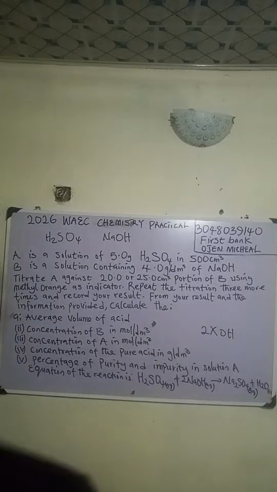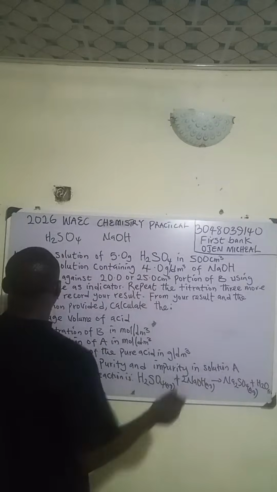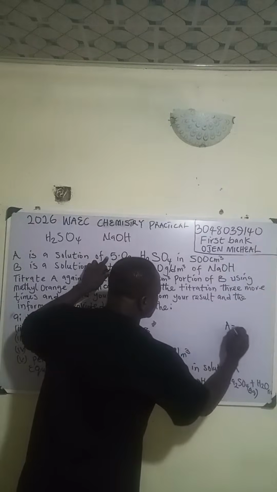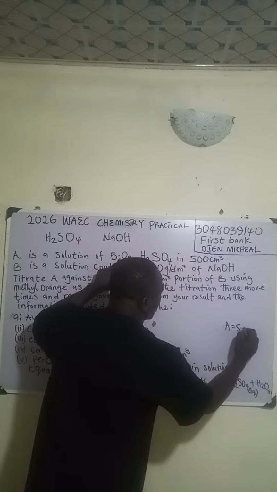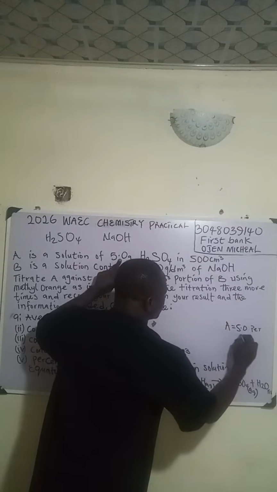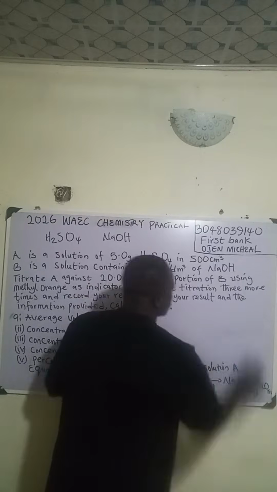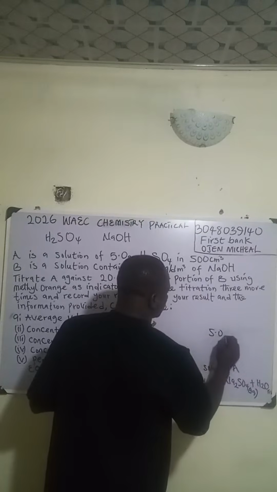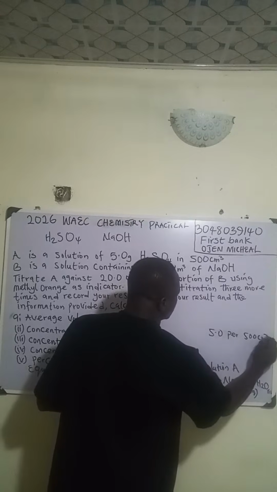Now, before wiping the board, what I will do is that I will write my A here. A is equal to 5.0 per 500 cm3.